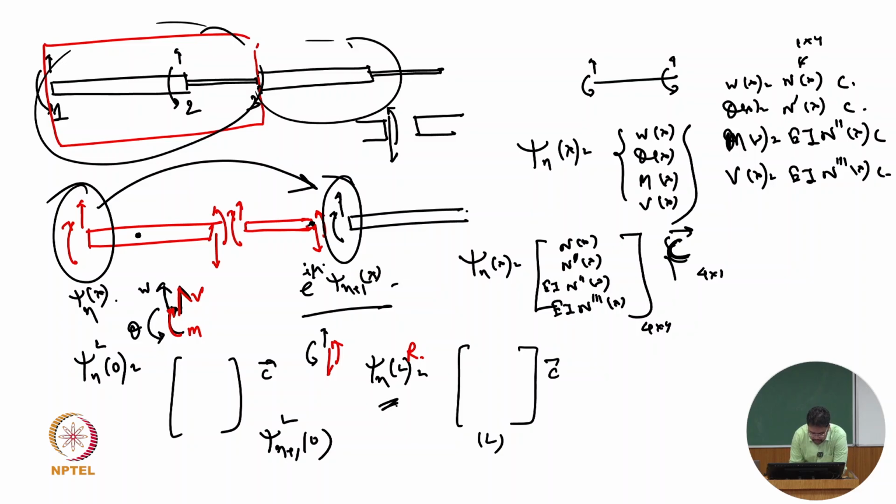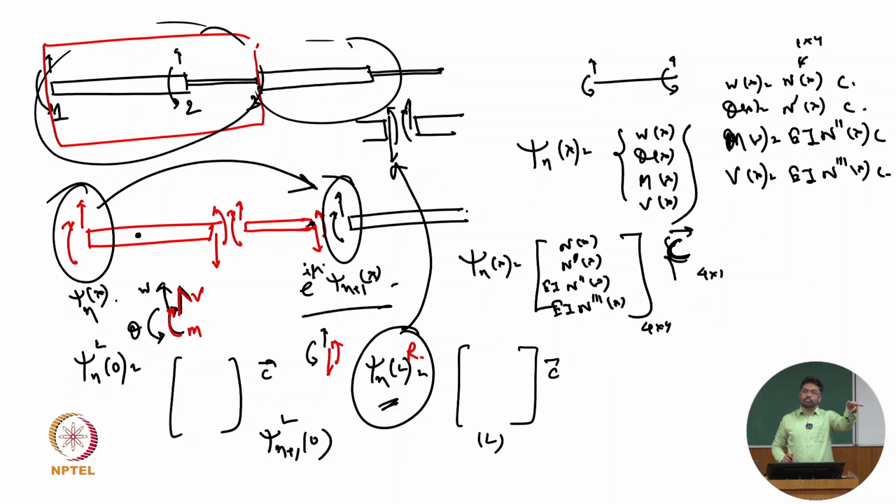And at that junction your bending moment and shear force should match, isn't it? So they should match. So these two will be equal and these two will be equal, means your shear force will be equal and bending moment will be equal.